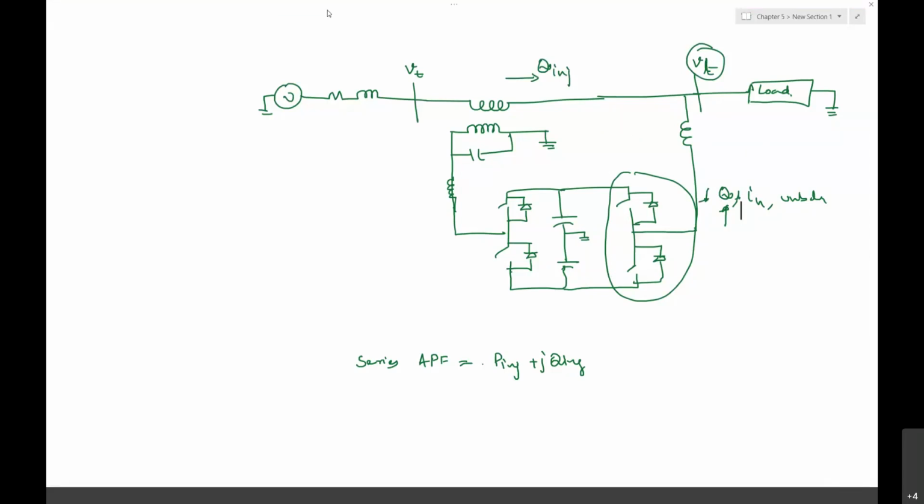Okay. The control part, whatever you control over here and over here, finally all depends upon the reference series active power filter voltage and the reference filter current. Coming to this injection by your device, either DVR or D-STATCOM, the operation is the same. We can use any control algorithm you want.